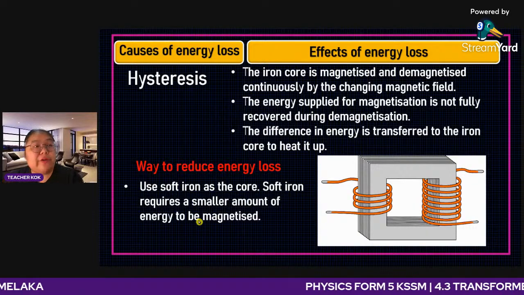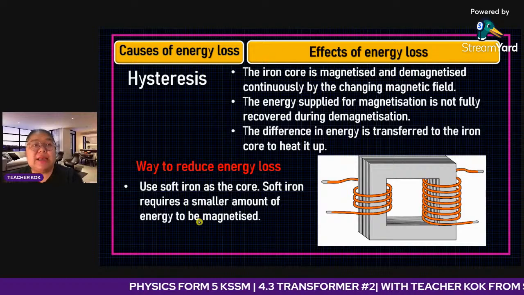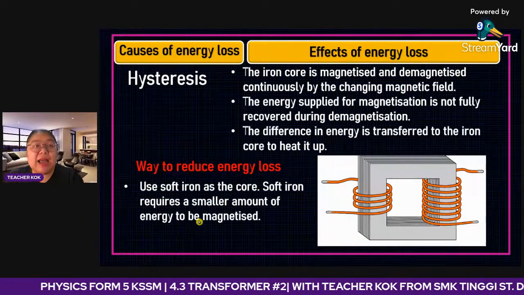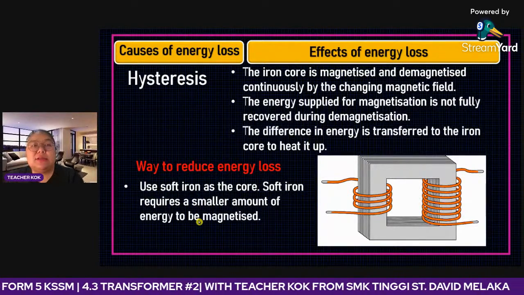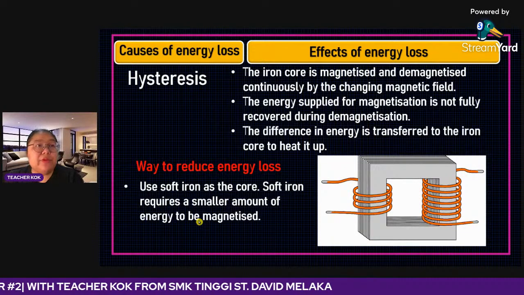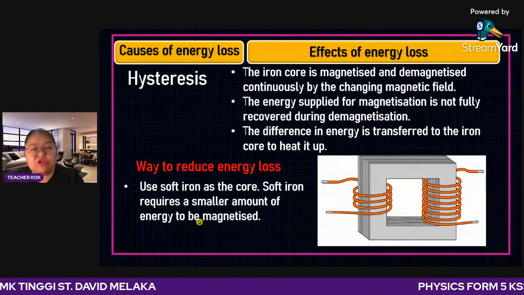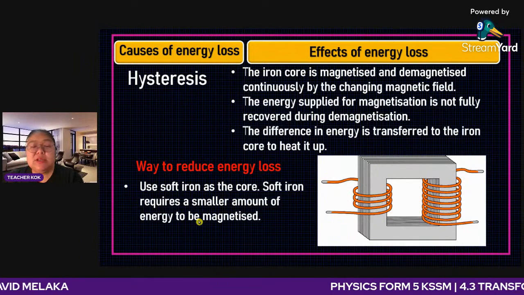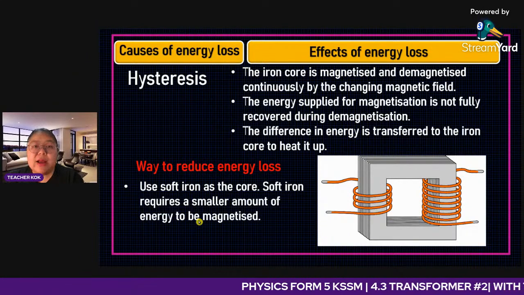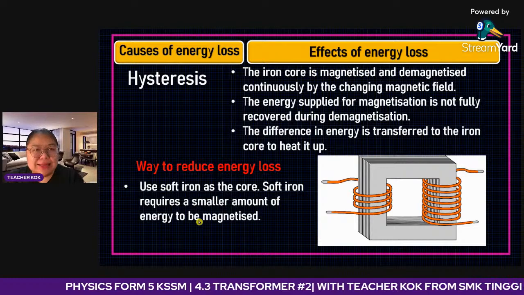Then you choose soft iron core. What's the reason? The reason is easy to magnetize and demagnetize. They can give you steel, aluminium or others, but for the transformer we must use soft iron core. The reason is always easy to magnetize and demagnetize.